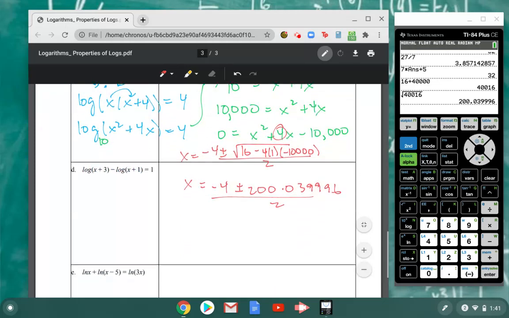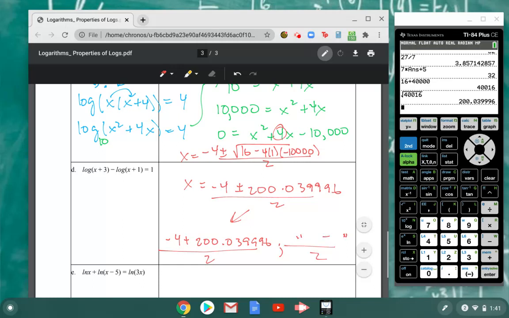And I've got two answers here. So I've got negative 4 plus 200.031236, all divided by 2. And I have the same thing, but with a minus on the inside, divided by 2.